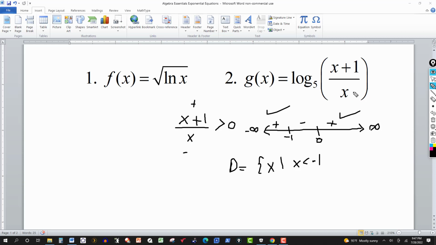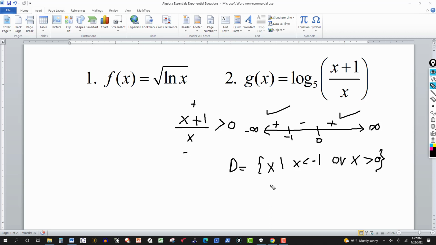We don't want 0 in the numerator or 0 in the denominator, so that's why we don't have any equals here. Or x can be greater than 0. With those restrictions, this expression will always be positive, and the log will exist.